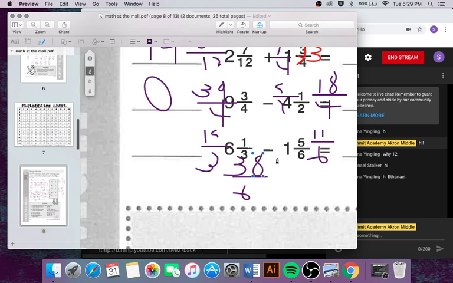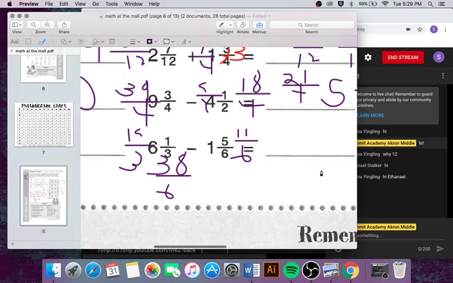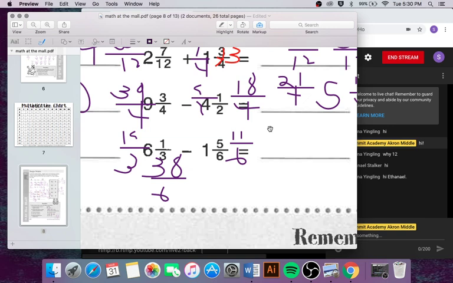So we're going to do 38 minus 11, which is 27. So we have 27 over 6.